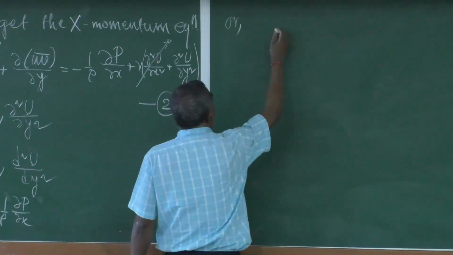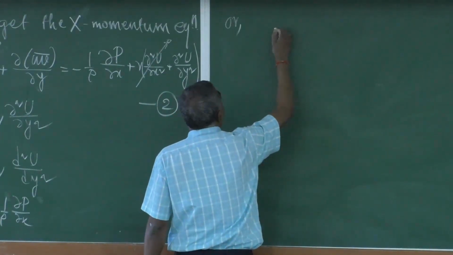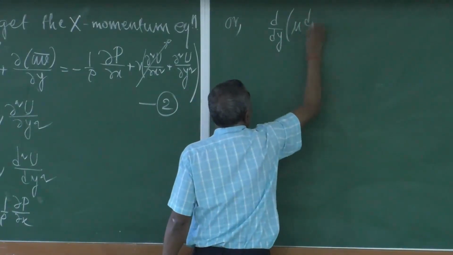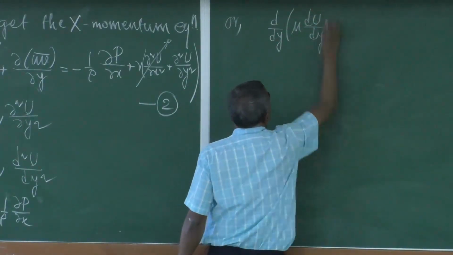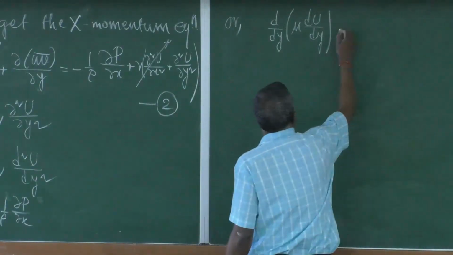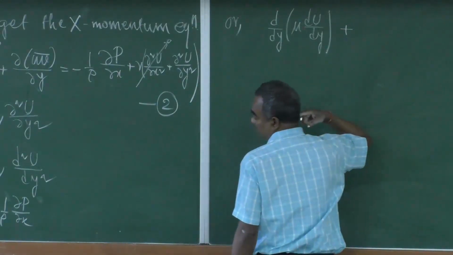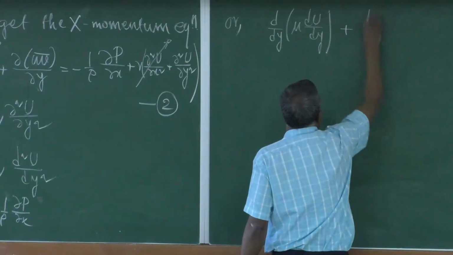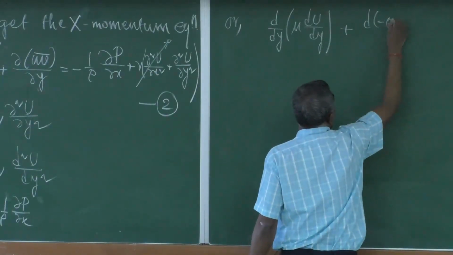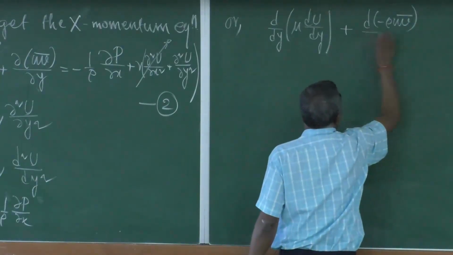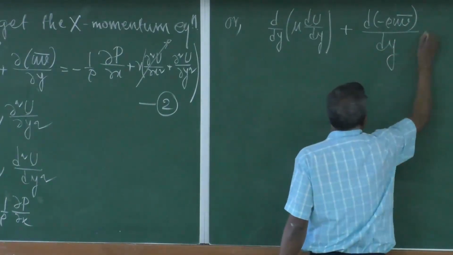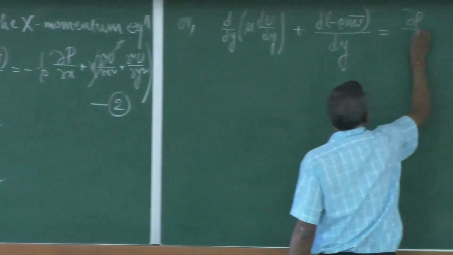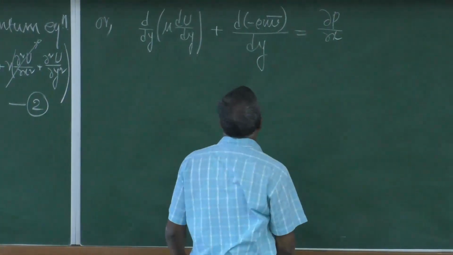Then I can write this first term, this plus minus rho uv bar derivative with respect to y equals to what I get, ∂p/∂x, right.